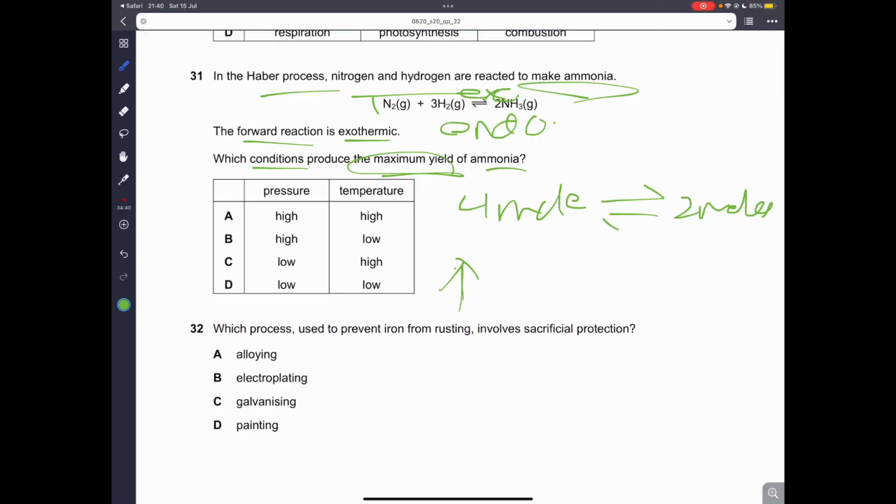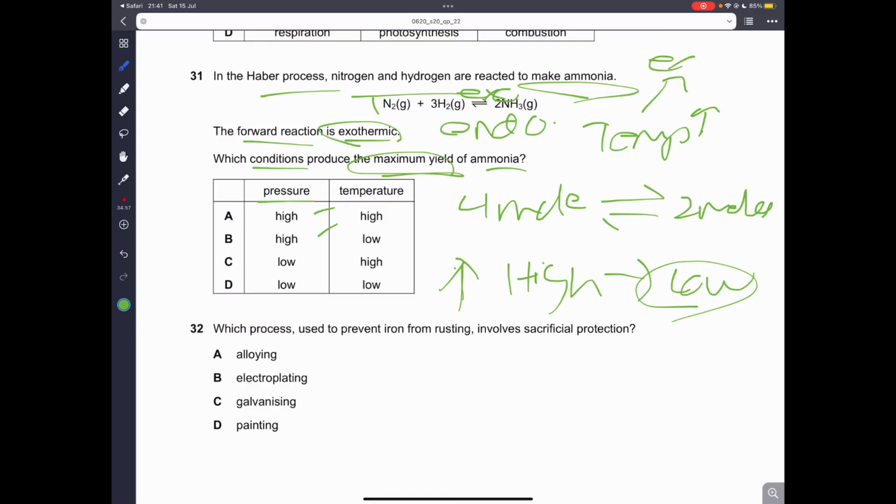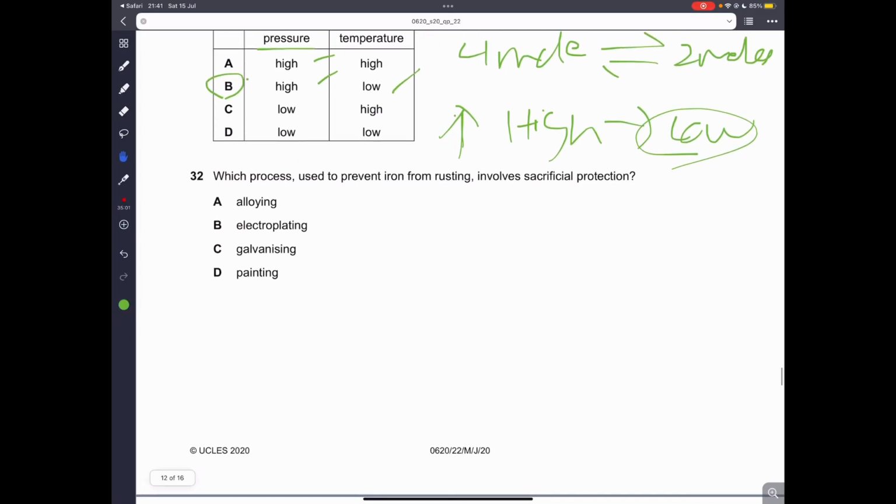So if we increase the pressure, the equilibrium is going to shift from high to low, to the side with fewer moles. So we have to increase the pressure. Since the forward reaction is exothermic, decreasing the temperature favors the exothermic reaction, therefore we have to lower the temperature, therefore B is the correct answer.